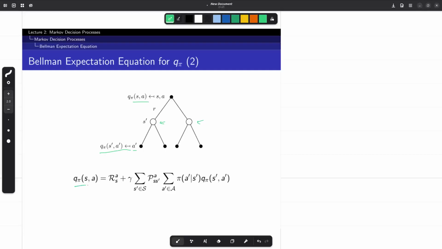So the value of a state-action is going to be the reward that you get after doing that action in a state, plus your discount factor, the probability of going to the next state after doing that action, and in the next step, the probability of choosing the next action and the value of the next action.